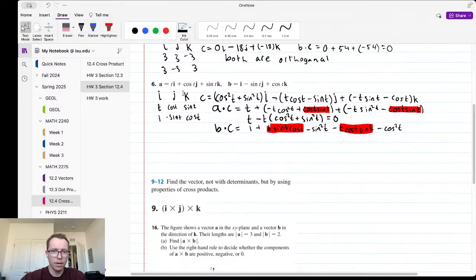Anyways, this question here, we have A equals t i plus cosine t j plus sine t k, and then B equals i plus sine t j plus cosine t k. In calculus 3, we know that these are vectors, and so we have an A vector and then the B vector. i, j, and k are kind of just representations of the x, y, and z.